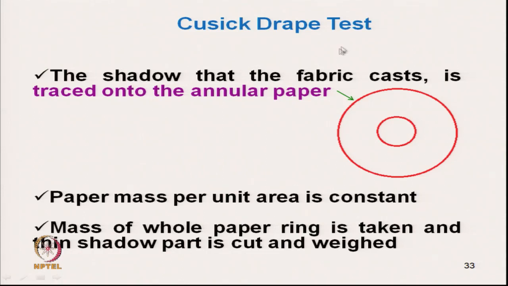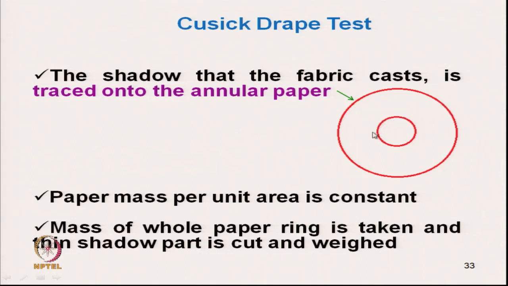In the Cusick drape tester, the shadow that the fabric casts is traced on an annular paper. This shadow, whatever it is casting, we just cut out. This annular ring is paper of known mass per unit area, so the mass per unit area of the paper is constant.